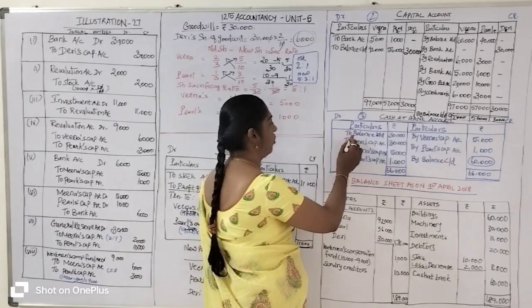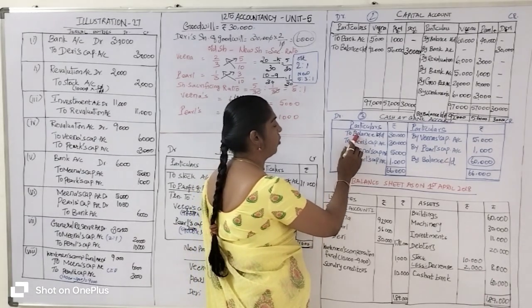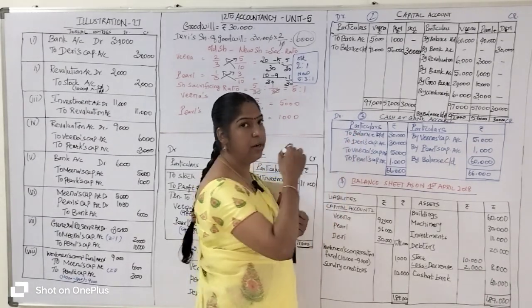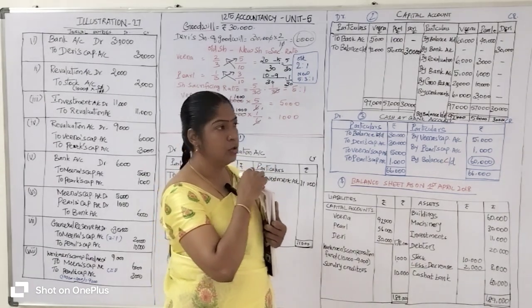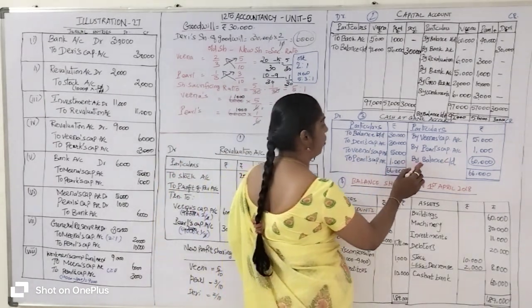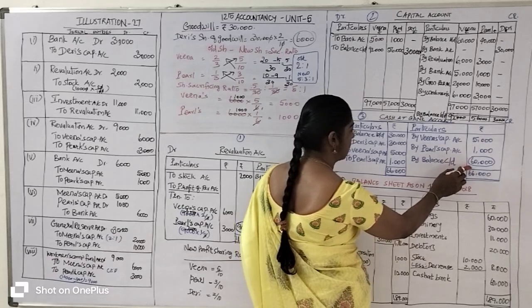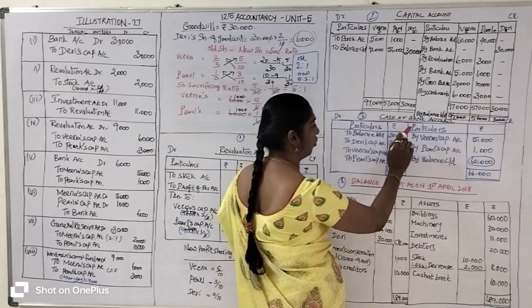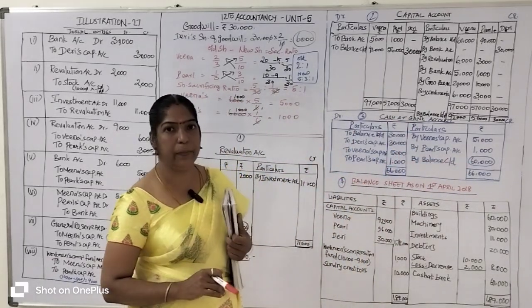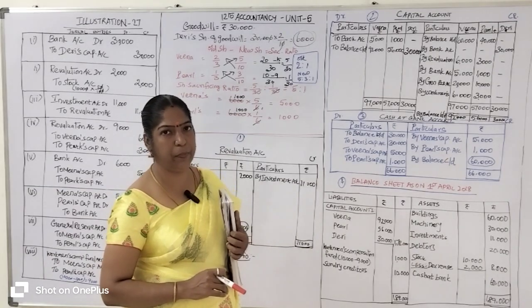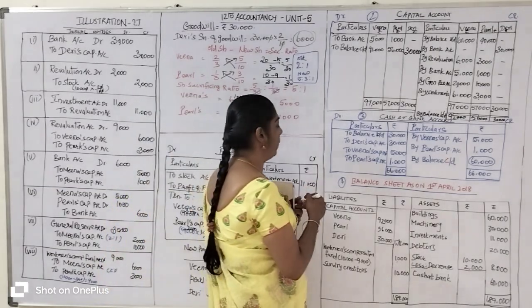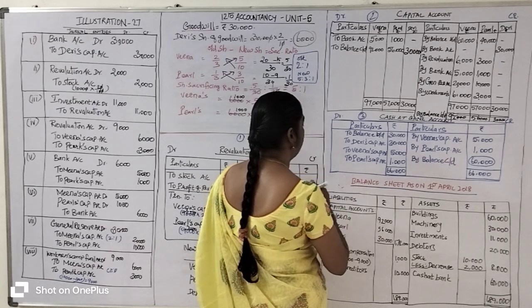Listen, the opening balance of the capital account and cash at bank account were given in the question. So now we prepared the closing balance of the cash at bank account for the next accounting period, 60,000 rupees.